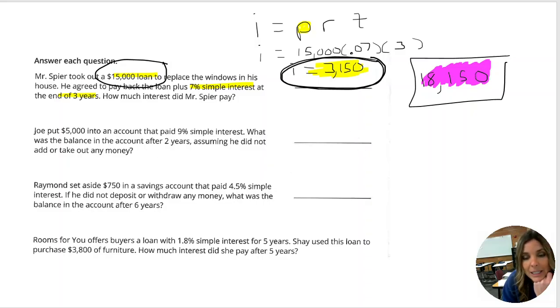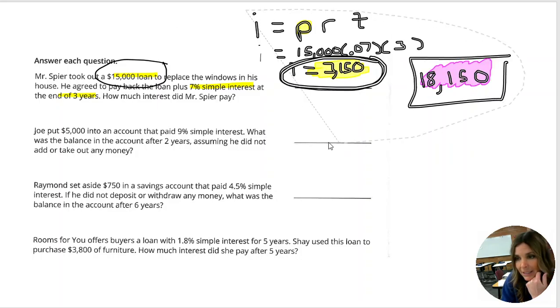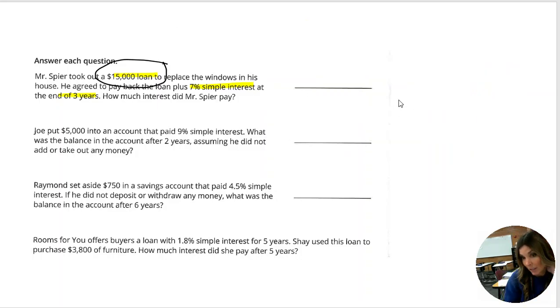It says Joe put $5,000 into an account that paid 9% simple interest. What was the balance on the account after 2 years, assuming he did not add or take out any money? Okay, so we take our formula, interest equals principal times rate times time, and we plug in all of the things that we know into the formula to figure out the thing that we need.